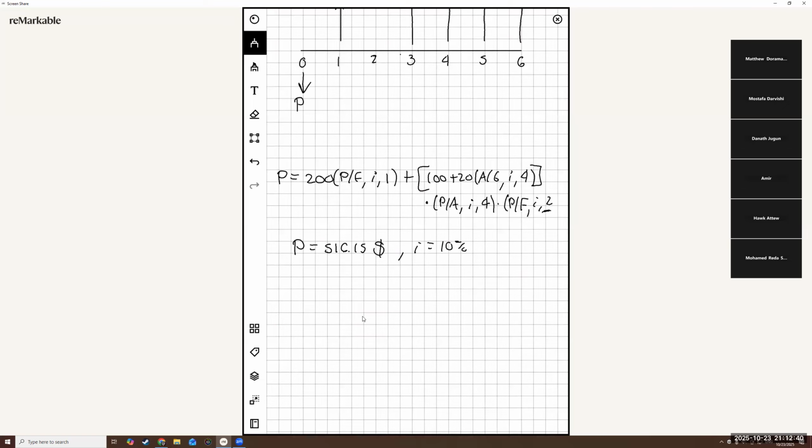Will the midterm questions be the same difficulty as the tutorial questions, or should we expect them to be harder? I have absolutely no clue. I have no idea what will be on the midterm, so I cannot answer that question. Do you have like a ballpark range of how many questions?